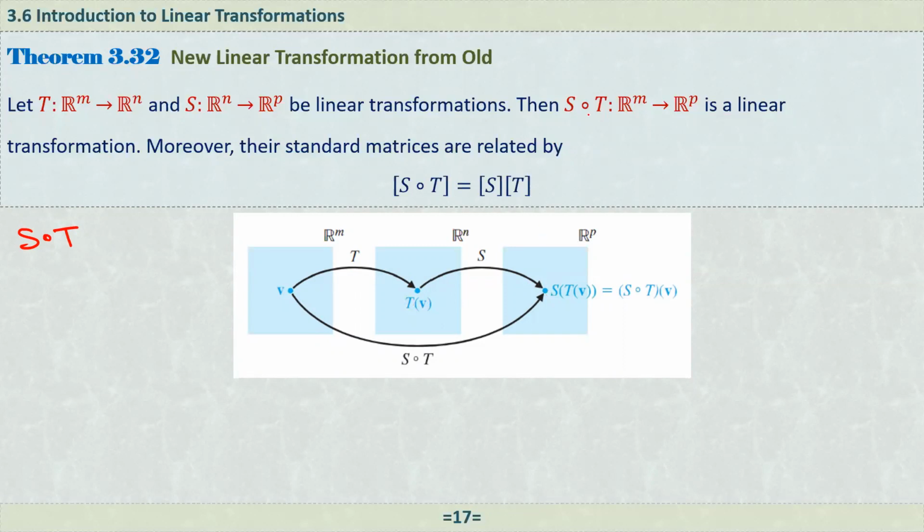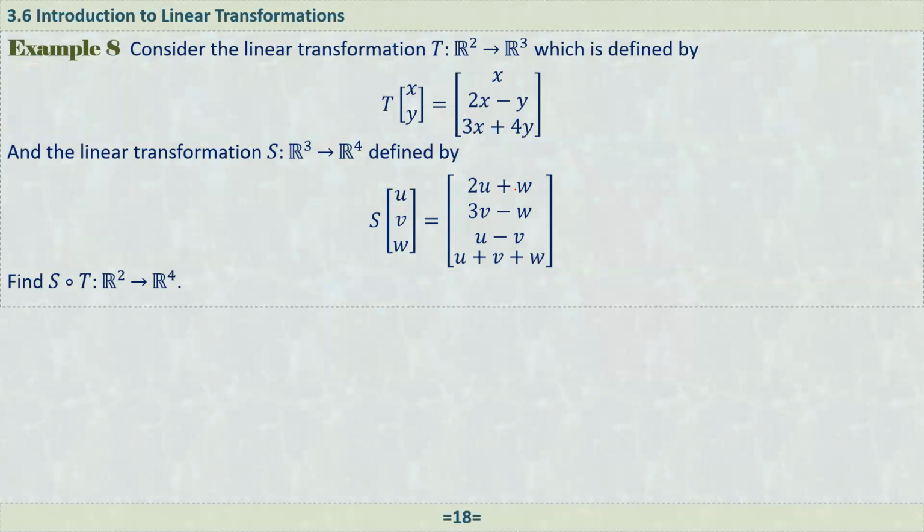Then S composed with T, which takes Rm to Rp, is a linear transformation. Moreover, their standard matrices are related: the standard matrix of S composed with T is just equal to the product of these two standard matrices. Now we'll see one example related to this theorem.